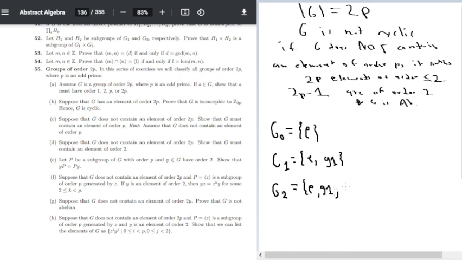That explains it, actually. If every element is of order less than or equal to 2, then we can find some subgroup of 2 elements: E, G1, G2, G1G2.